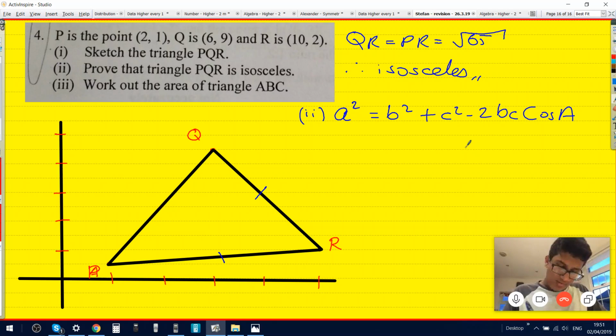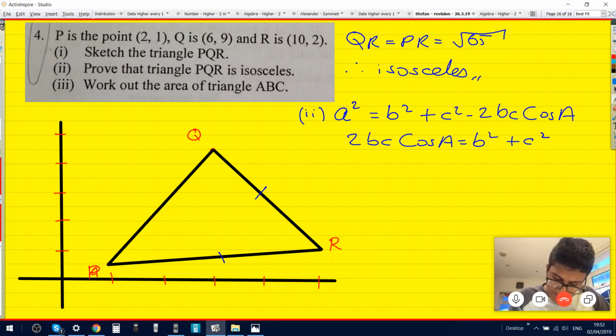Okay. So A squared. Yeah, we've got our sides. What I might do is just rearrange for cos A. 2BC cos A equals B squared plus C squared minus A squared. So cos A equals B squared plus C squared minus A squared over 2BC.